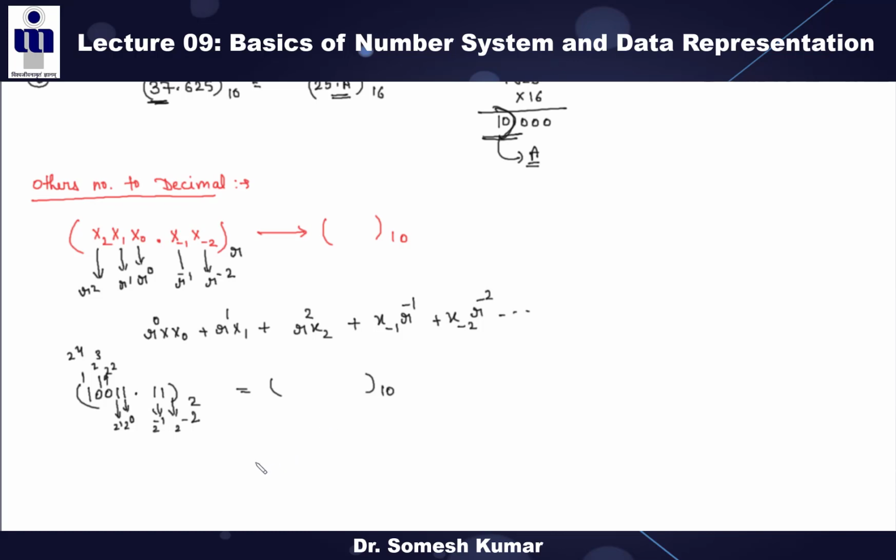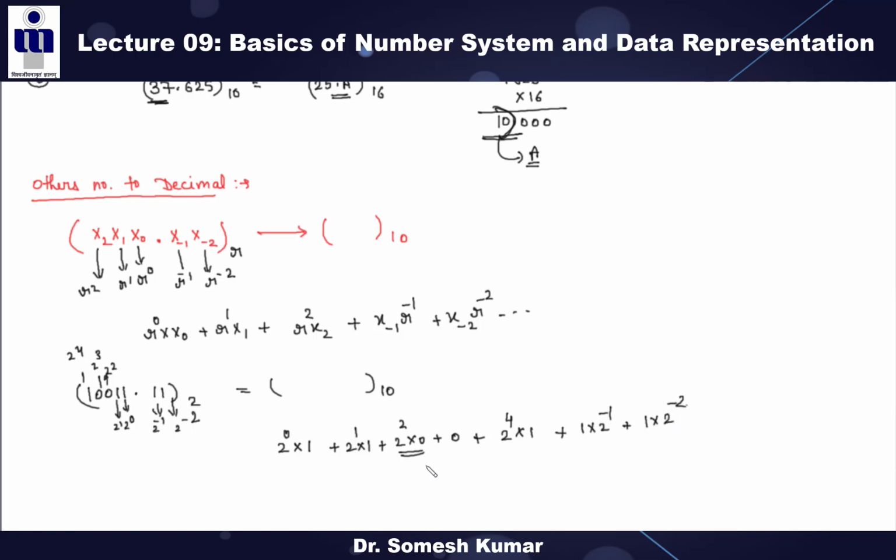So here 2 to power 0 multiply with 1, 2 to power 1 multiply with 1 and 0. If you multiply 2 to power 2 with 0, it will come 0. So you can directly put here 0. Now 2 to power 4 multiply with 1, right? Plus 1 into 2 to power minus 1 plus 1 into 2 to power minus 2, right?